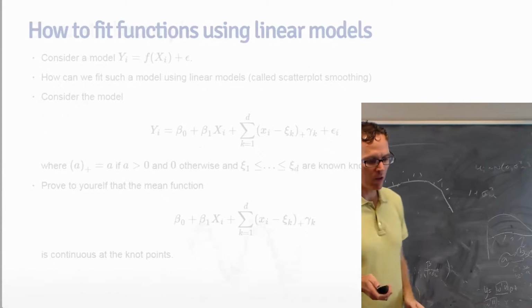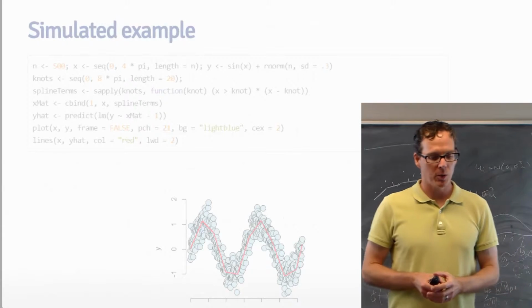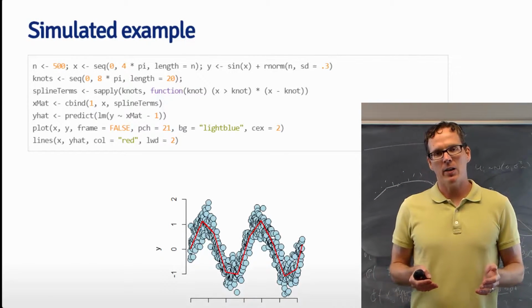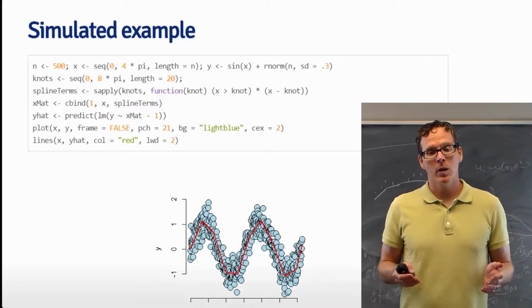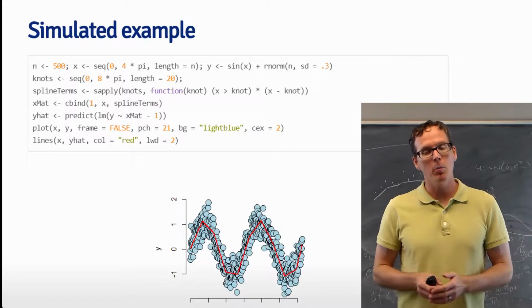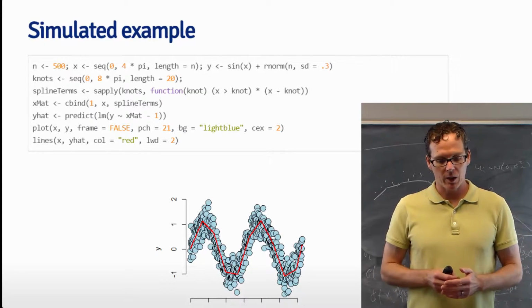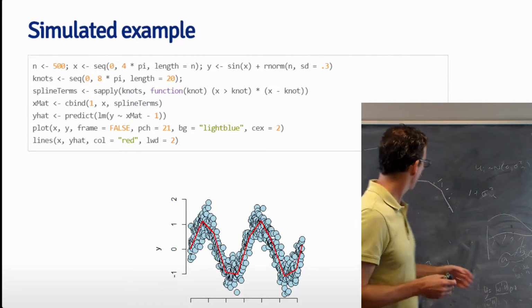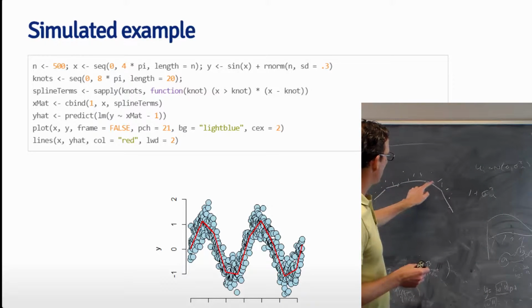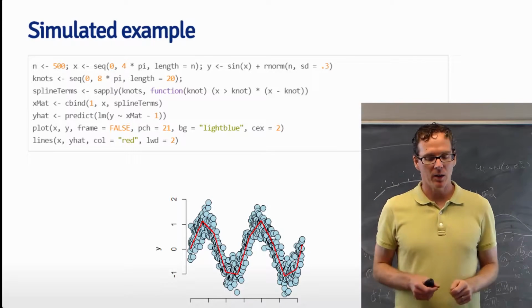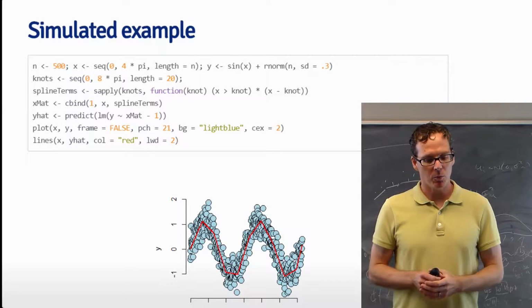I think the easiest way to show this would be to go through an example. In this example, I just simulate data that's a sine curve plus noise, and you can see that in the blue points on the plot. What I'm going to do is grab a bunch of knots, the breakpoints where the line will be continuous but not smooth at those points.